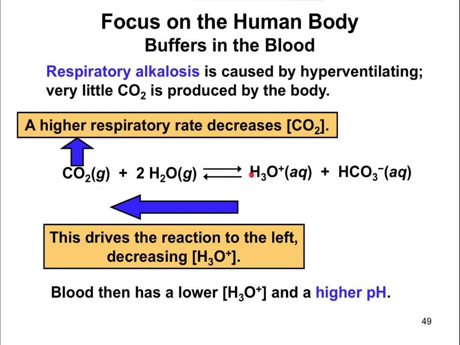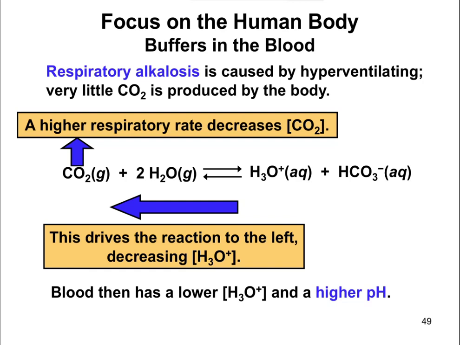That means you're going to be losing H3O+, which means you're going to become more basic. When it becomes more basic, you're going to have a higher pH. So in this case, the pH of your blood could go higher than that 7.4 level. With acidosis, it would be lower than the 7.4 level.